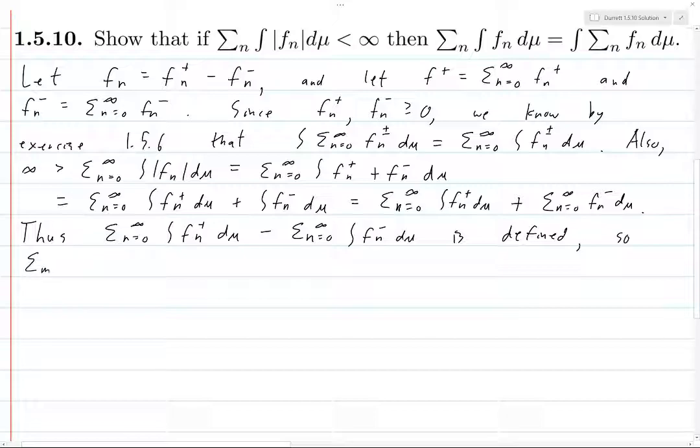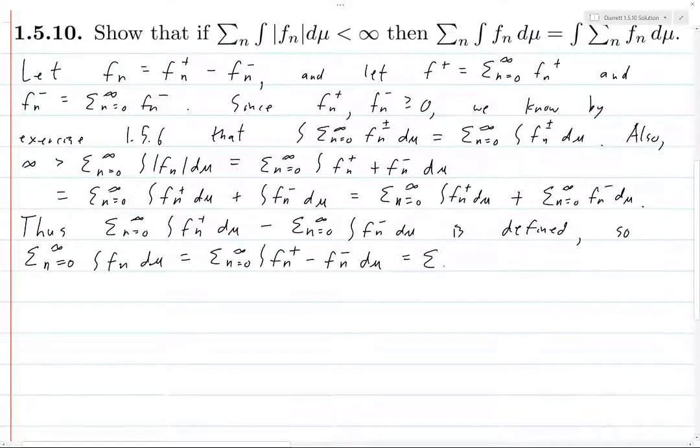we can take the sum from n equals 0 to infinity. I did it, I used m instead. It should be n equals 0 to infinity, integral of f_n d mu equals the sum of the integral of f_n plus minus the integral of f_n minus d mu. So now we can break this up, n equals 0 to infinity.